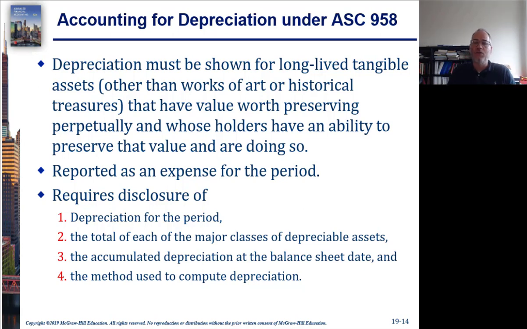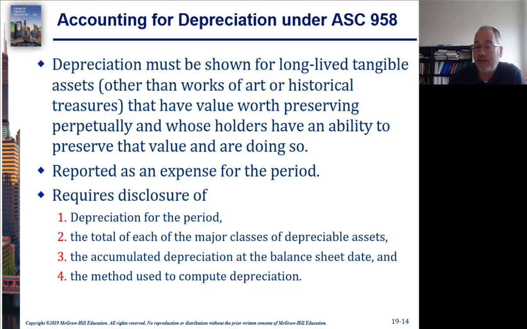Now, if something is a work of art or what's considered to be a historical treasure, and this could be a museum as an example, because a museum would be typically a not-for-profit organization, then that probably doesn't need to be depreciated. It may need to be tested for impairment under certain circumstances.